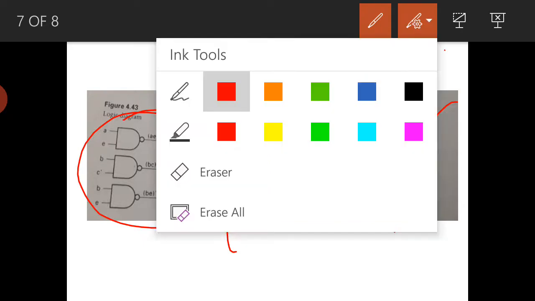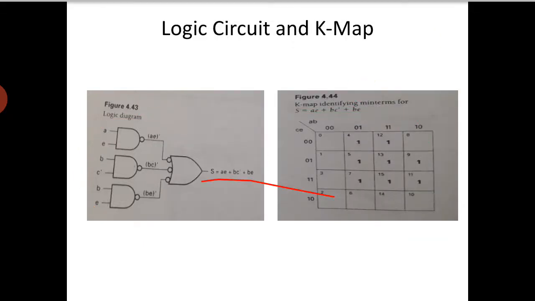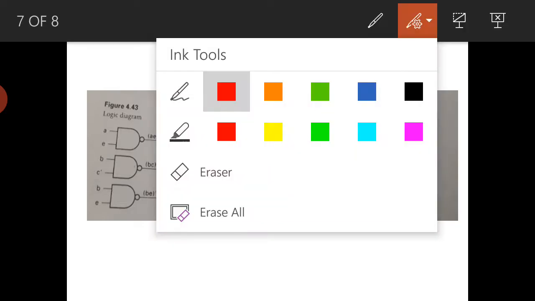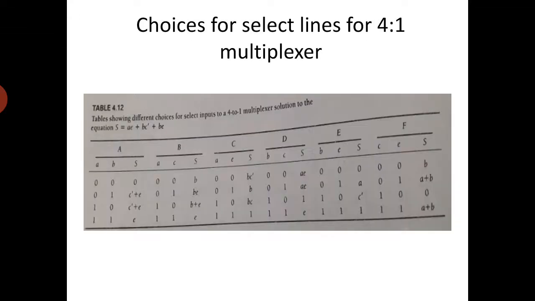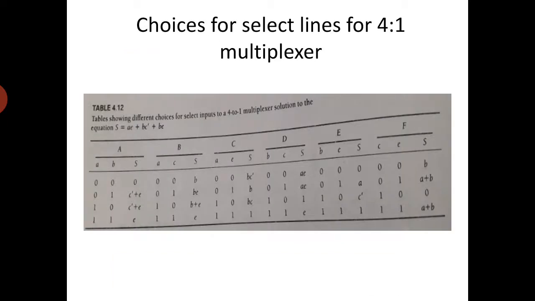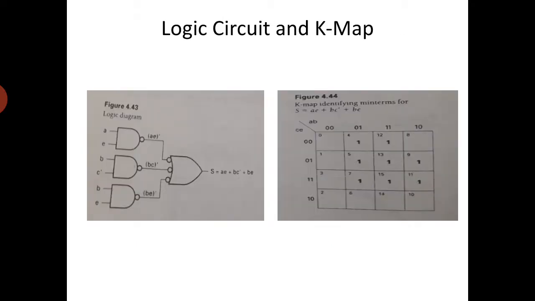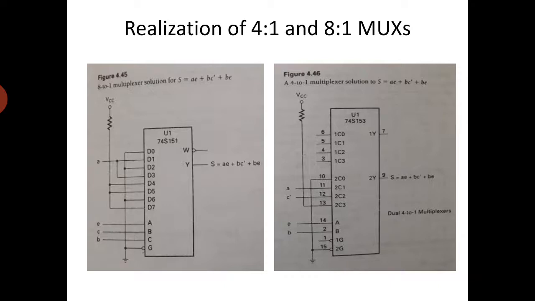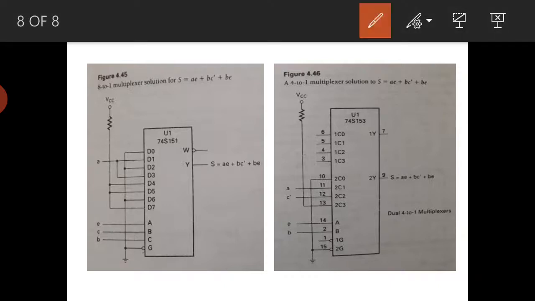Initially, we reduced the 5 variables to 4 variables by using the K map. Then by using the MEV technique, one or 2 of the variables we can take as input, and this is direct realization. Now we will see the realization using the multiplexers.